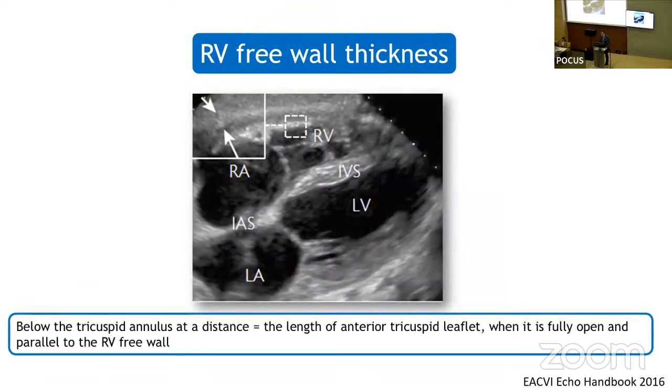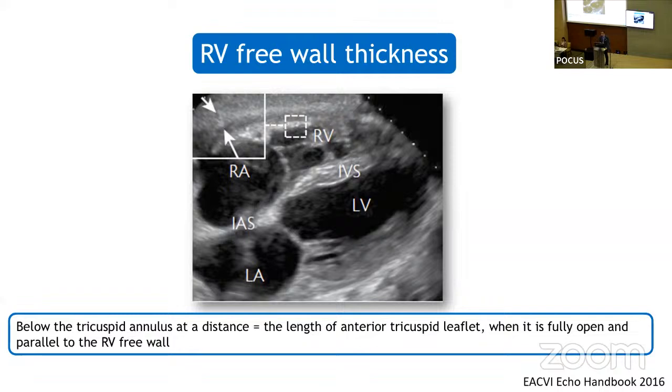Then the thickness. The RV free wall itself has a thickness that should be less than 5 millimeters. The location of the thickness measurement, as recommended by the guidelines, should be below the tricuspid annulus at a distance equal to the length of the anterior tricuspid leaflet when it's fully opened.